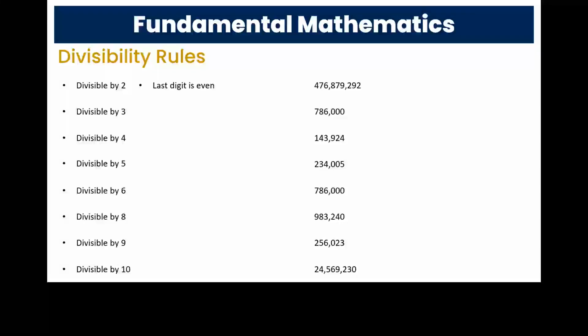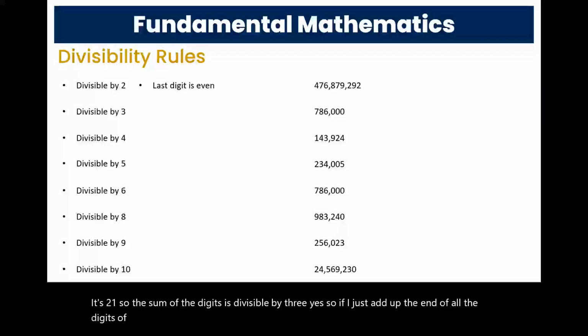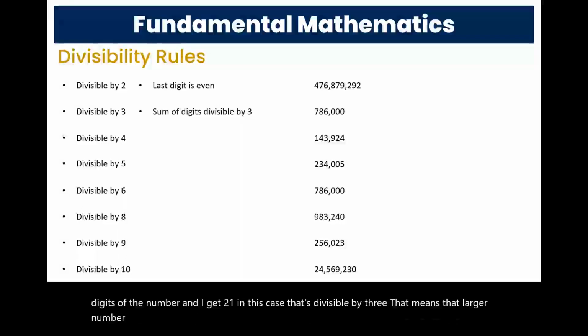It's 21. So the sum of the digits is divisible by 3. Yes. So if I just add up all the digits of the number and I get 21 in this case, that's divisible by 3. That means the larger number is divisible by 3.